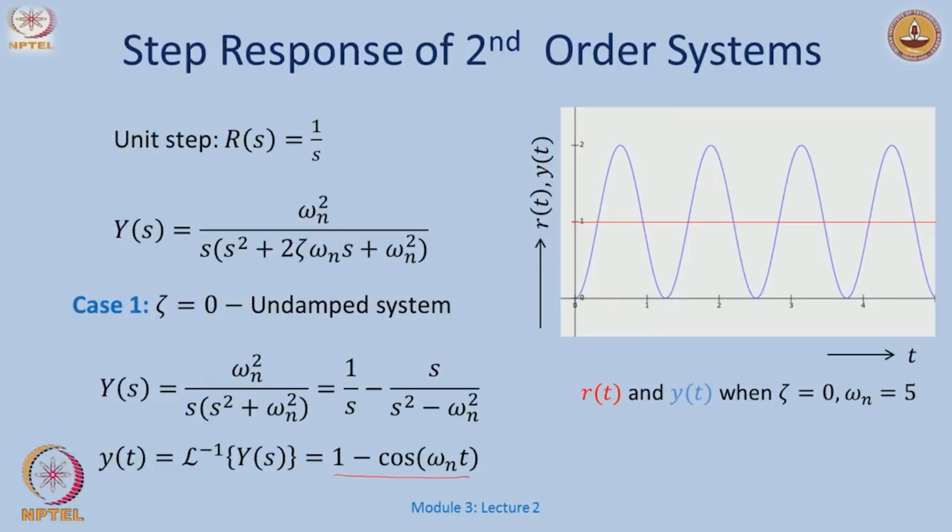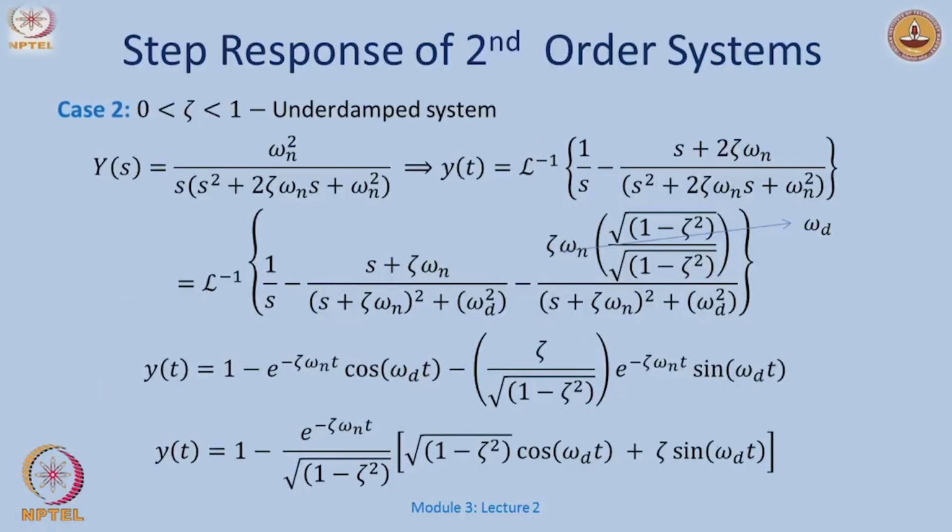Okay. So the same thing happens when I have a unit step response. None of the terms disappears as time goes to infinity. All terms are just intact. Okay, this is again zeta equal to 0, omega n equal to 5, and the reference being a step. Okay. Now we will do all the same cases which we did earlier.